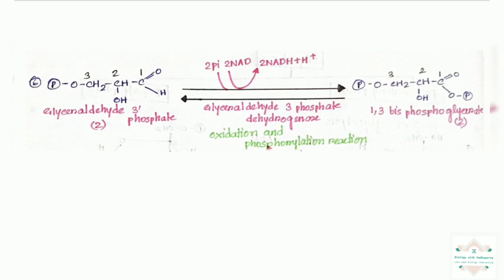In this, again, one phosphate is attached to the first carbon of that molecule. First we had a phosphate only on the third carbon. Now we have 1 and 3, hence it is named 1,3-bisphosphoglycerate.